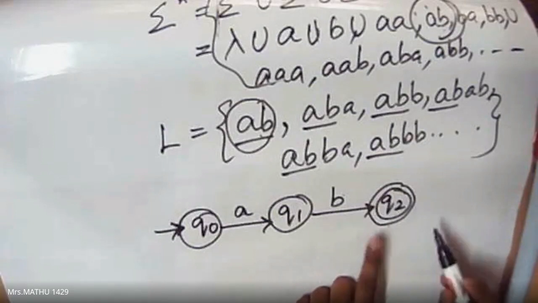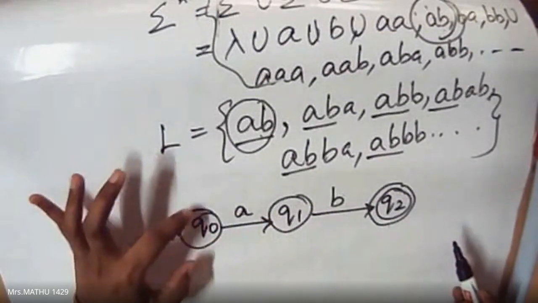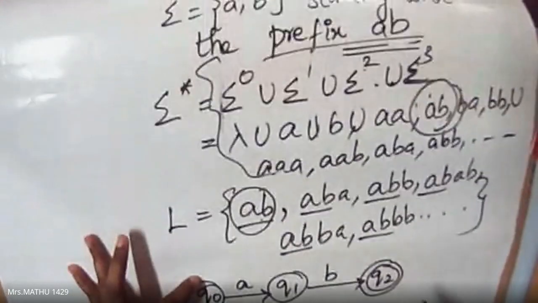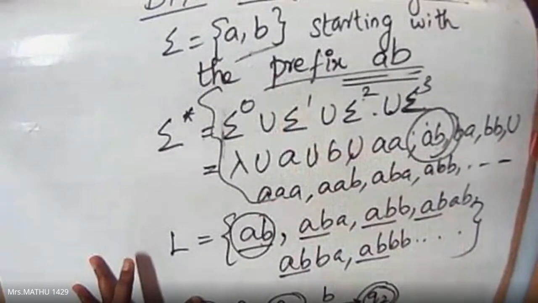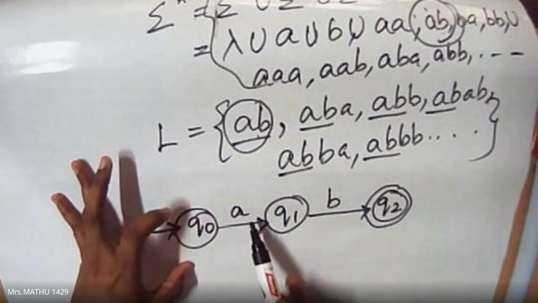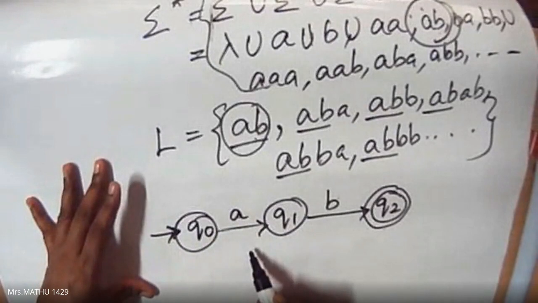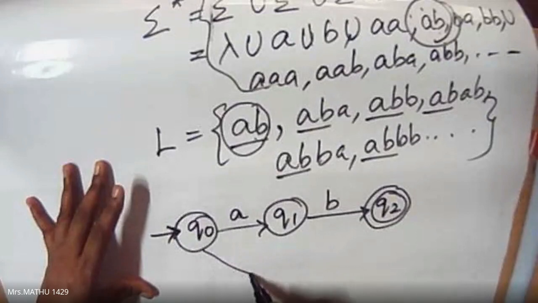In DFA, what you have to keep in mind is that from every state, you should have a transition for all the symbols in the given alphabet. Now you have a transition for symbol A, but you do not have the transition for symbol B. But can the string start with B?